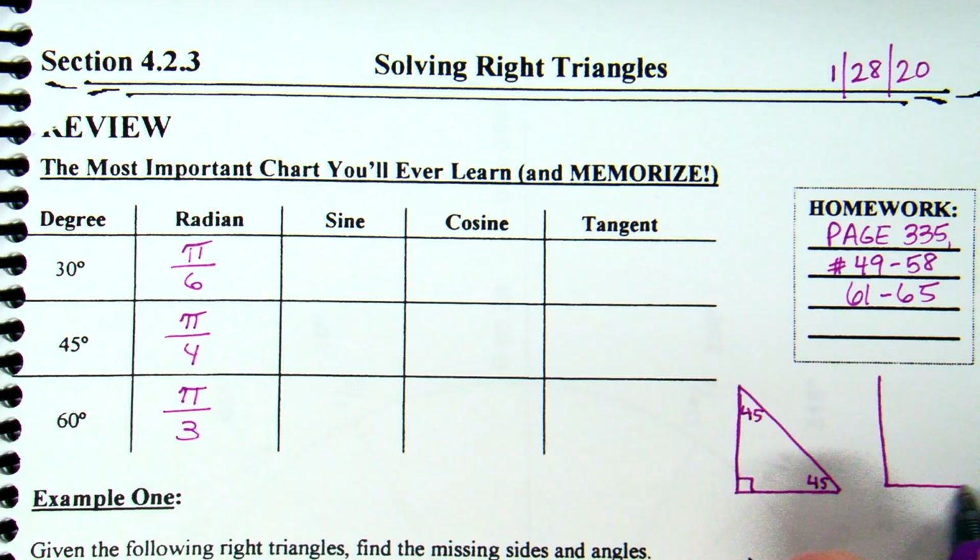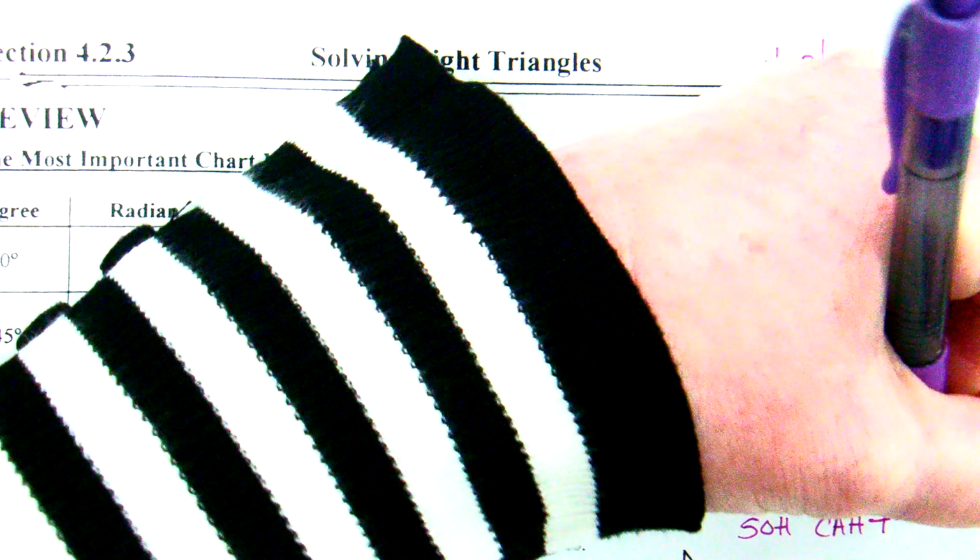And of course, we're going to be using SOHCAHTOA. Let me zoom in on the triangles first.